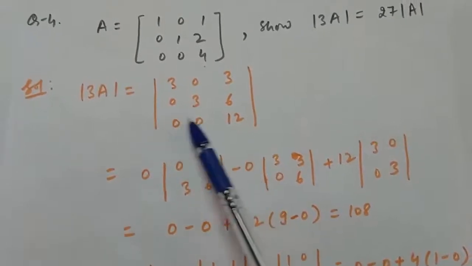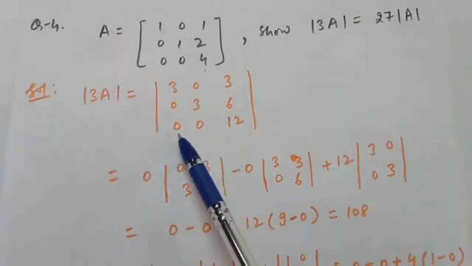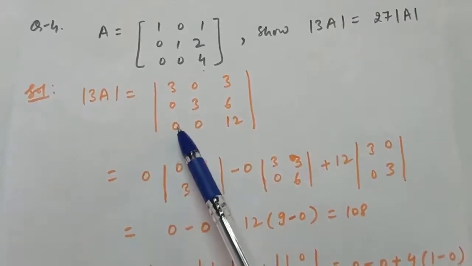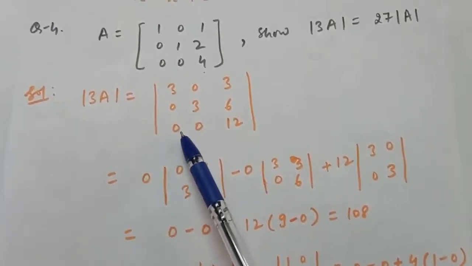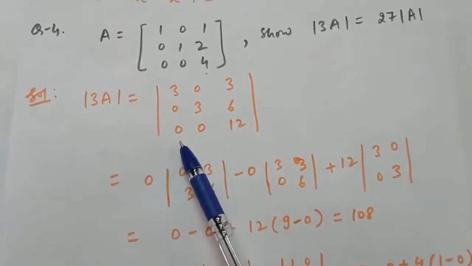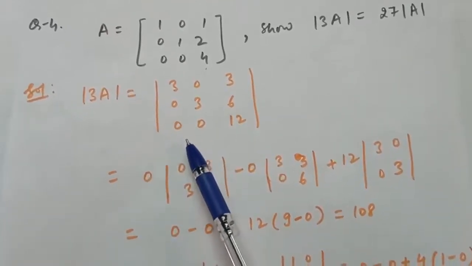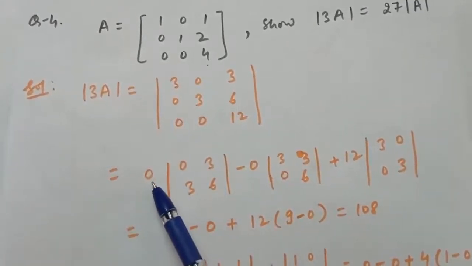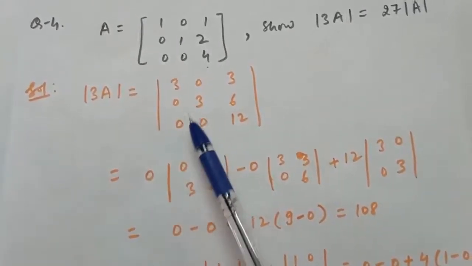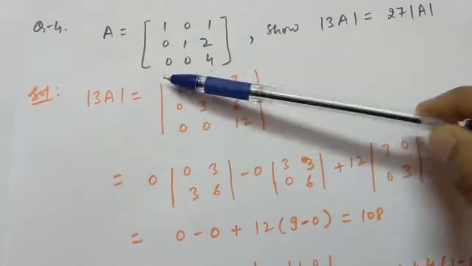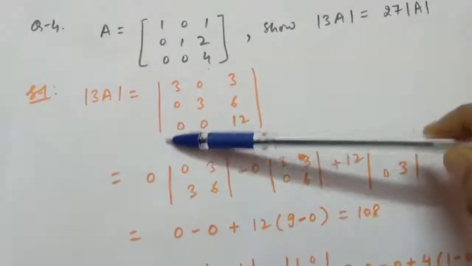I have used this third row because it contains maximum 0. So 0, it will get multiplied with a plus 1 because it is the element a13. So minus 1 raised to the power 1 plus 3 will be minus 1 raised to the power 4, which is positive 1, right? So delete this first row and this first column and this third row.